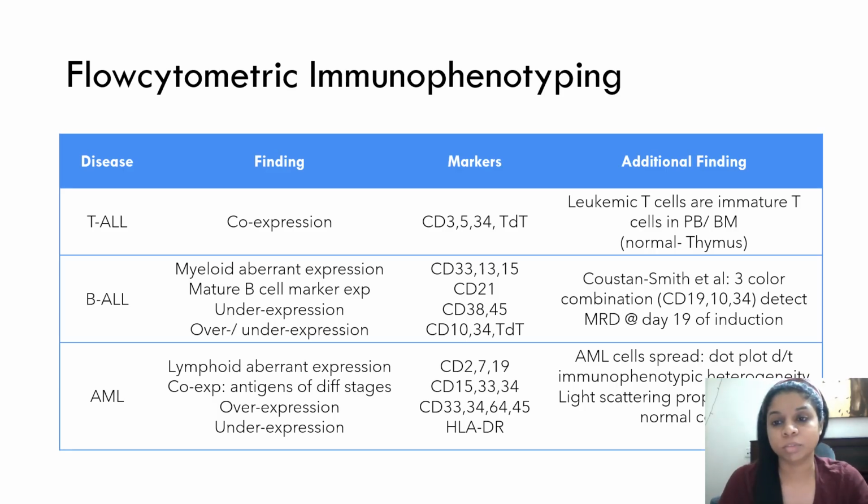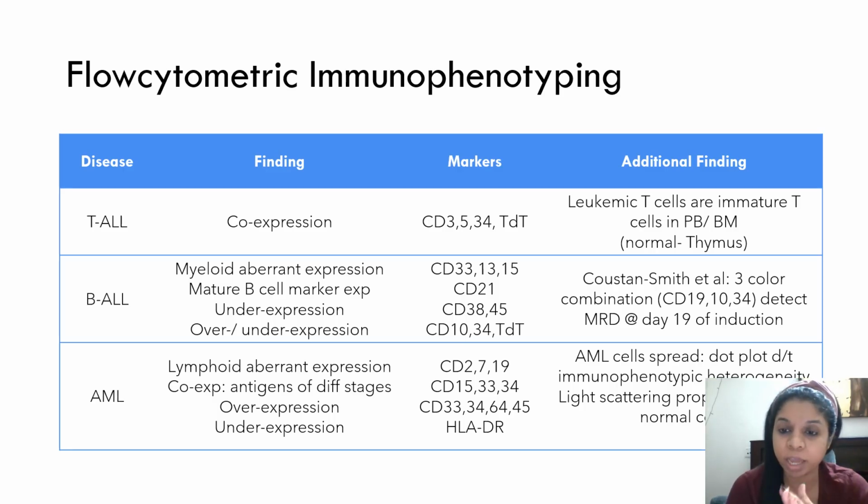Then another additional finding is that Costin and Smith et al. did a study in which they used a three-color combination of markers. That is, they used CD19, 10 and 34 as a combination of markers to detect MRD at day 19 of induction. Okay, so why they used day 19 is that usually 2 weeks are required for the induction therapy to act effectively on the patient, and then the residual normal hematopoietic cells will be almost nil by the time of 2 weeks.